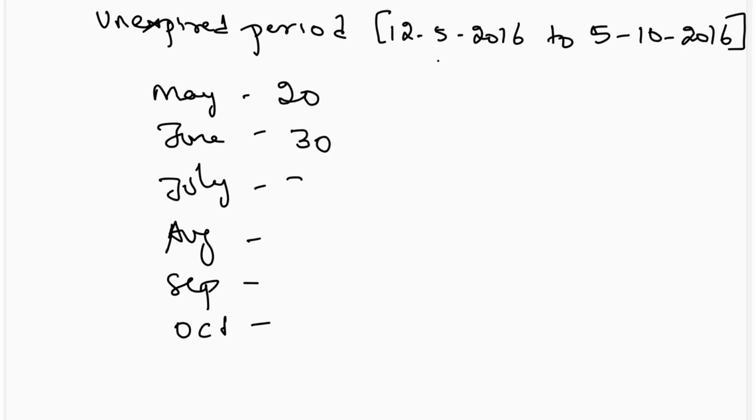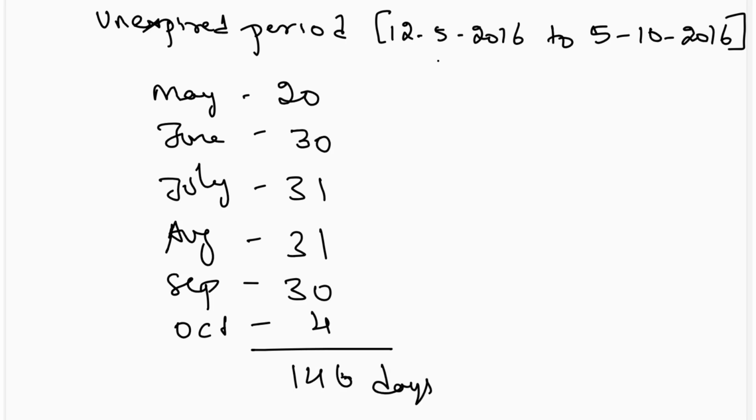June has 30 days, July has 31, August has 31, September has 30 days, and October it's on 5th, so that 5th date will not be taken, so it will be 4. If you add the total you will get 146 days. So N will become 146.